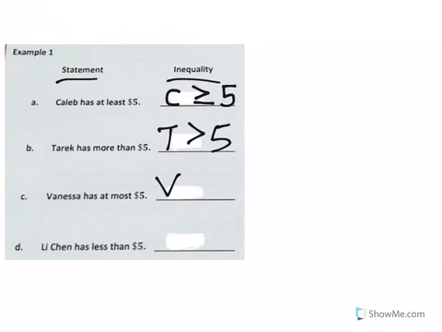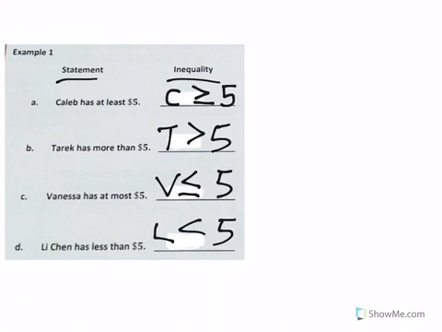She has less than 5 or equal to 5. So Vanessa has less than or equal to 5. She could have $5, she could have less than $5, but she doesn't have more. So it's definitely less than or equal to. And then Lee Chin has less than $5. So we'll say L, and she just has less than $5.